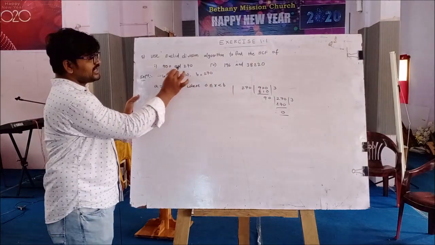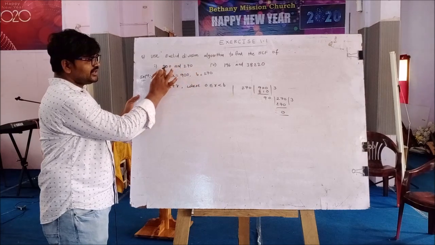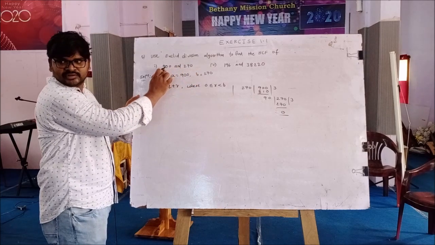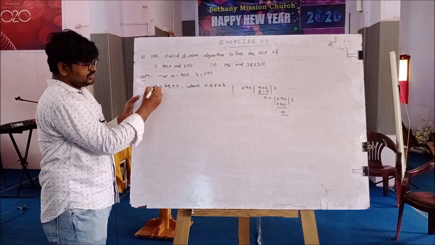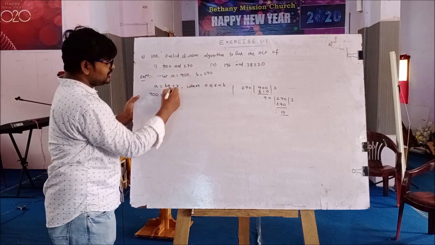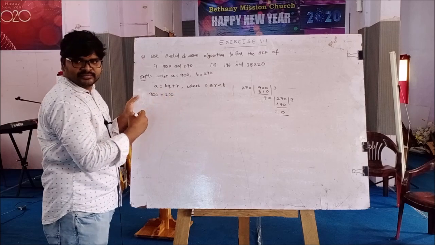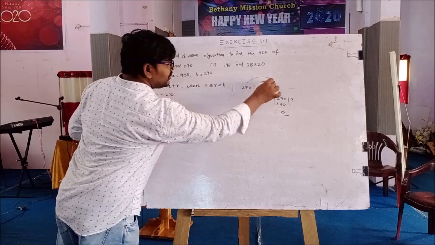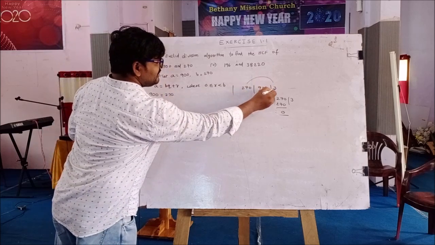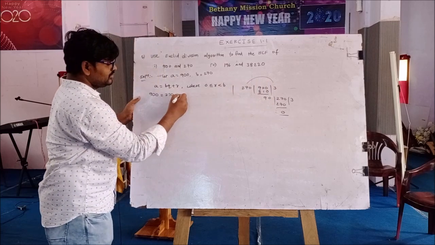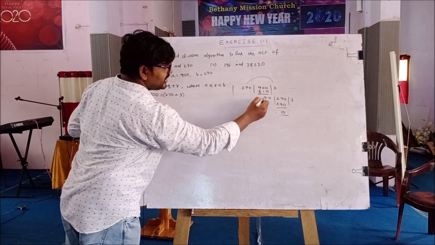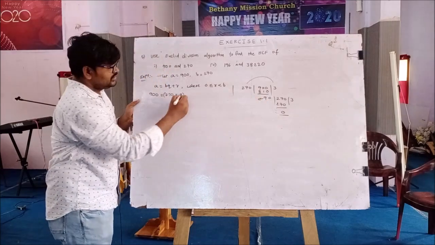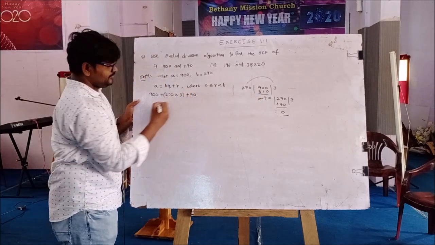Comparing the given two numbers 900 and 270, 900 is the biggest number. So let us take a equals 900 and b equals 270. According to this concept, 270 times 3 and the remainder is equal to 90, so plus 90.